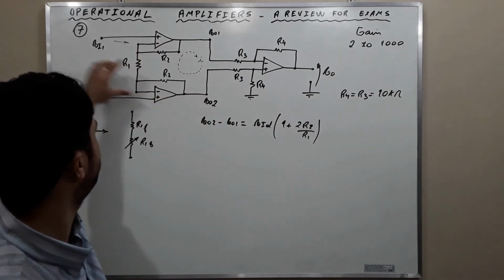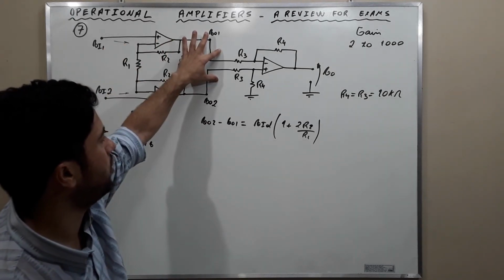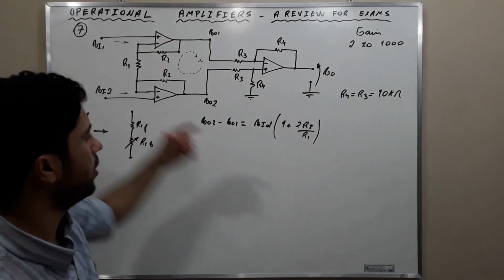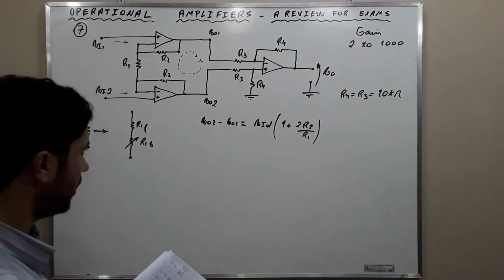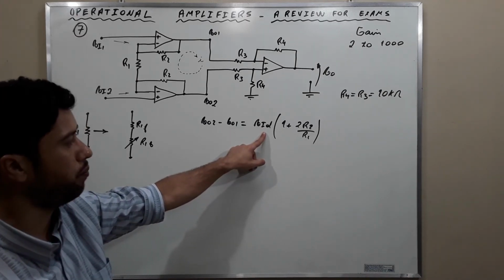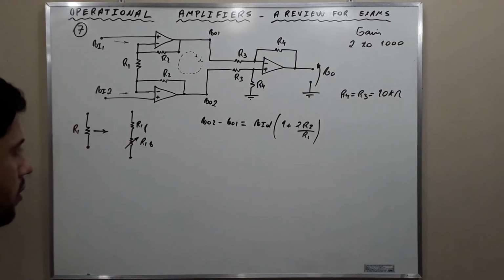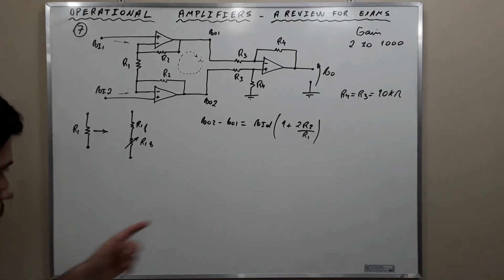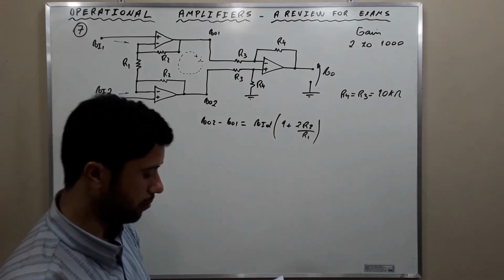VID is the difference between these two signals here, and this difference, described with respect to this signal, has this parameter as the gain. Output written in terms of the input, and the gain is the parameter that correlates these two, in which 1 plus 2R2 over R1 is the differential gain.